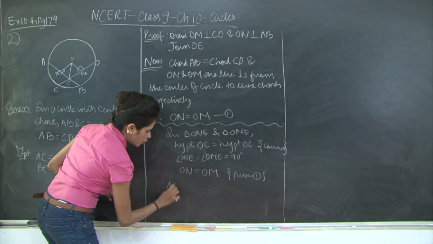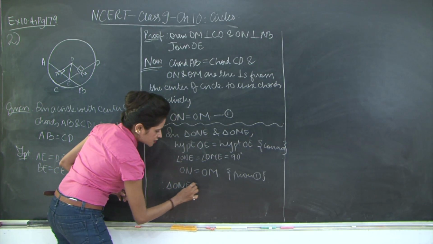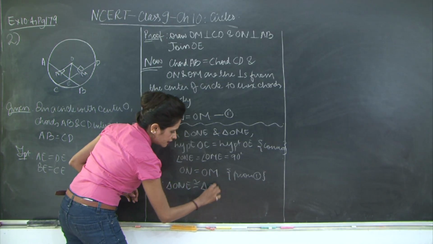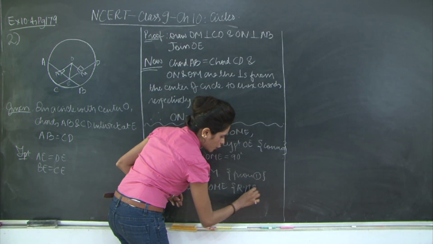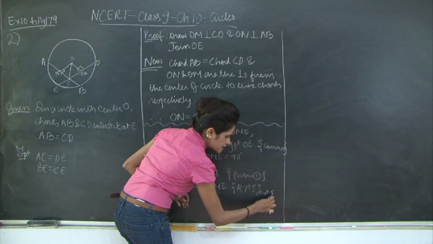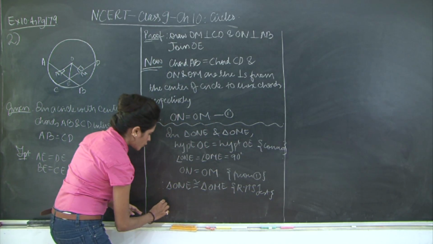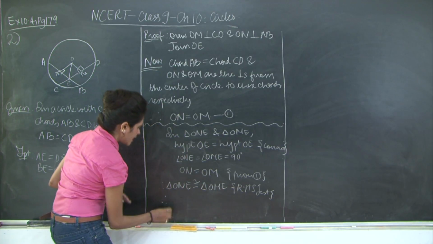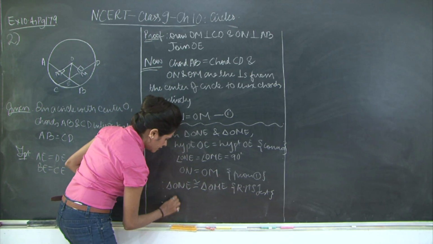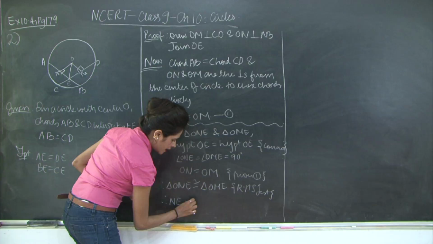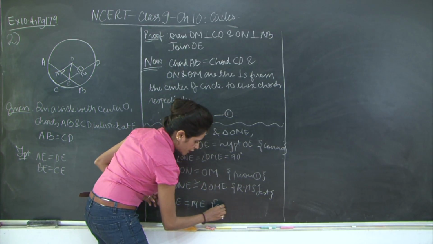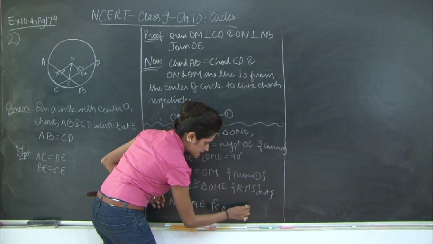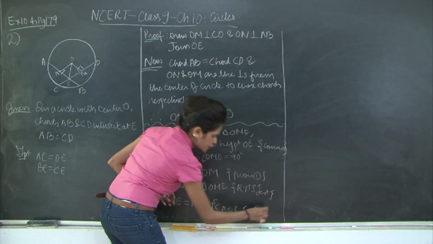Therefore, triangle ONE is congruent to triangle OME by the RHS or right angle hypotenuse side test of congruence. Therefore, through corresponding parts of congruent triangles, I have NE is equal to ME. Why? CPCT. Let's mark this as 2.